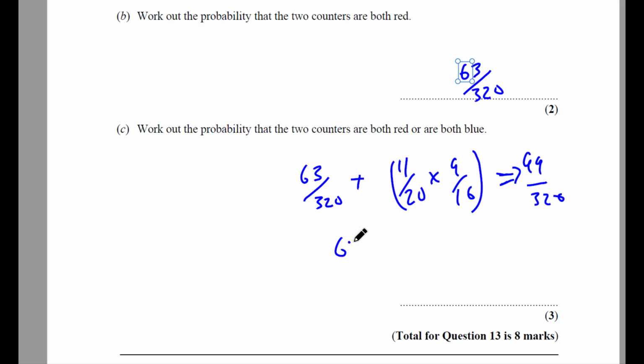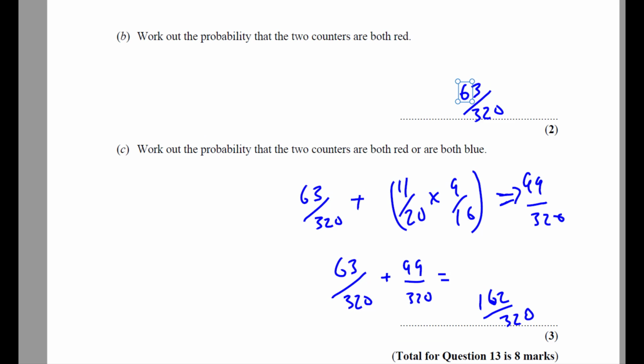So we've got to do 63 over 320, add 99 over 320 to get the final answer of 162 over 320. Now that is not too bad a probability question, but all the skills for probability are the same, so please make sure you can understand that and complete that. These questions normally always come up.